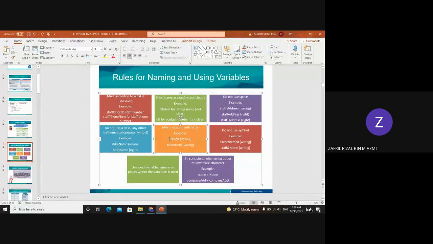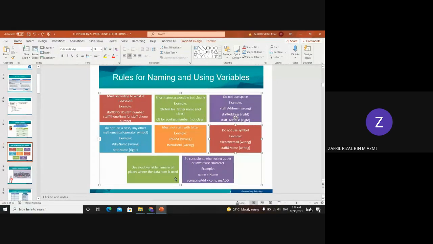Do not use a symbol in front. In front is wrong, inside is also wrong. Underscore is okay, but other symbols cannot be used, because they have their own meaning in the programming syntax. So wrong.